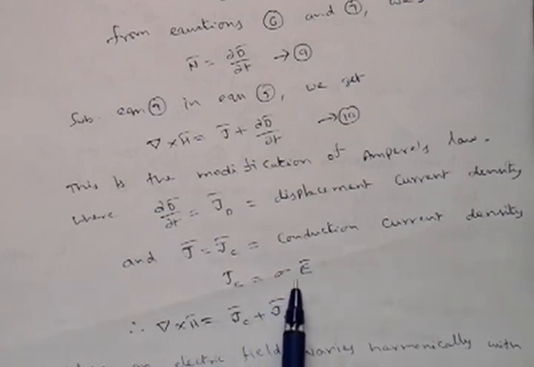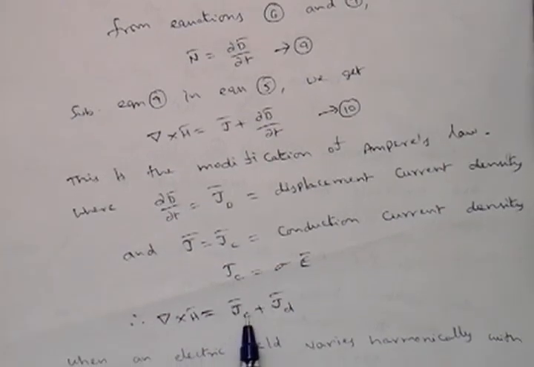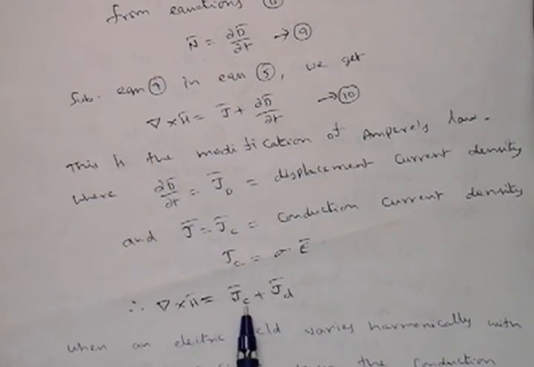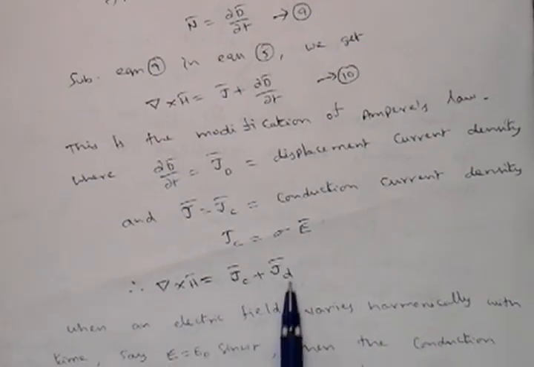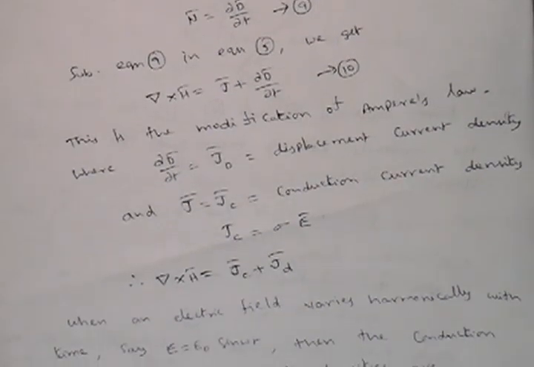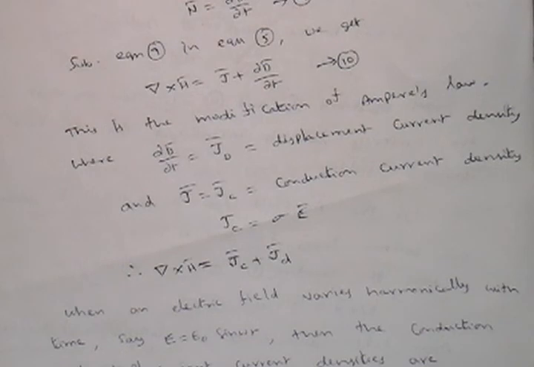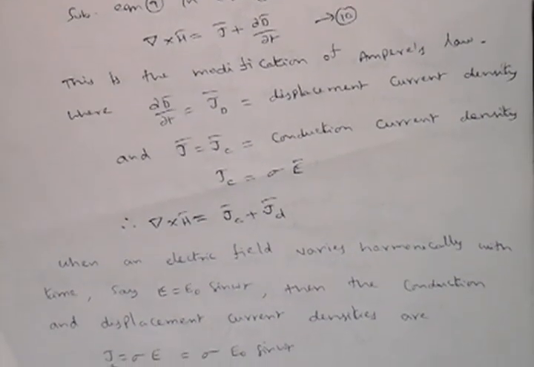Therefore del cross H bar can also be written as Jc plus Jd, the conduction current density and displacement current density. So this is about the displacement current density and the modification of Ampere's law to suit time varying fields.